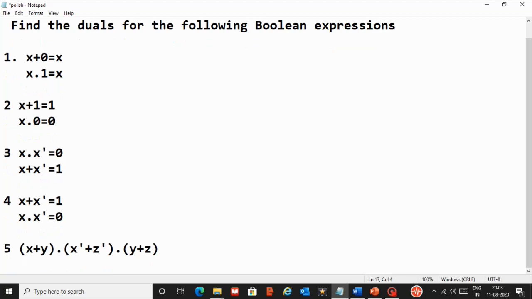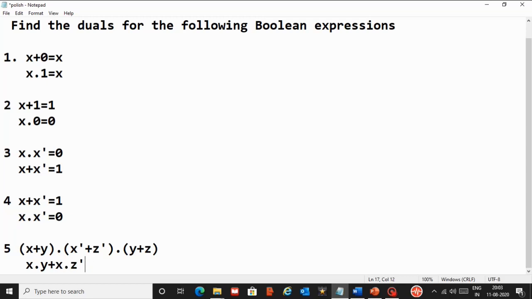So how do I do that? All the plus should change to dot, so it will be x dot y, correct? And all the dot should change to plus. So I need to change this over here. And again, x dash remains as it is, plus to dot, z dash remains as it is, because I am not touching the variables.